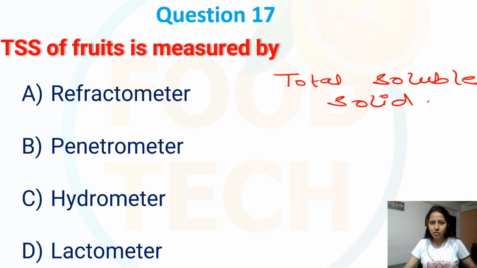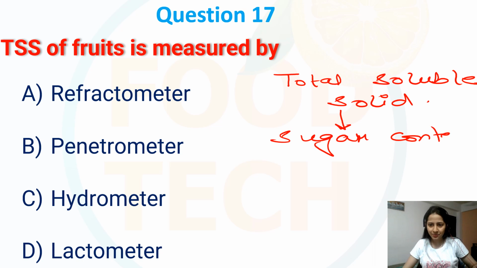It typically measures the sugar content, and it is measured using a device called a refractometer. A refractometer measures the bending, or refraction, of light as it passes through a liquid, which correlates with the concentration of dissolved solids in the sample. So the correct option is A, refractometer.